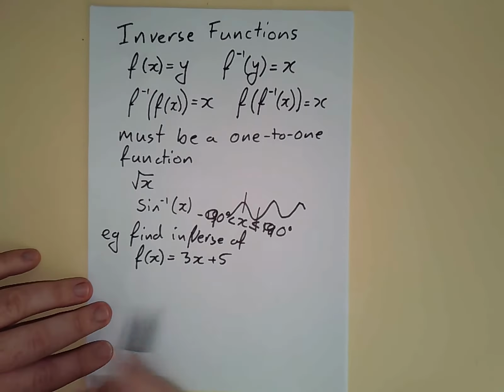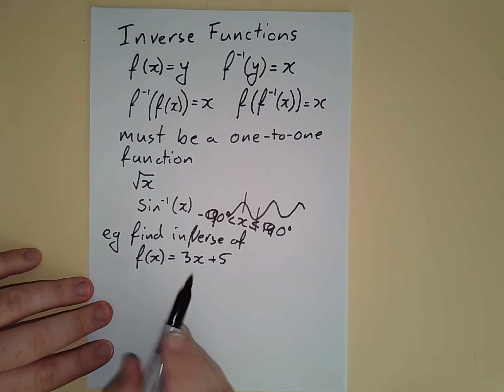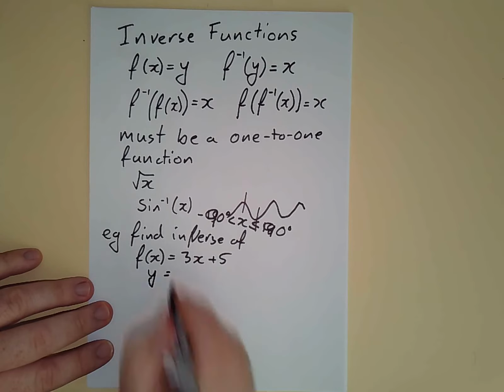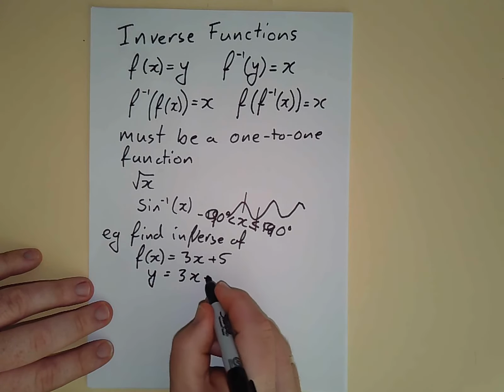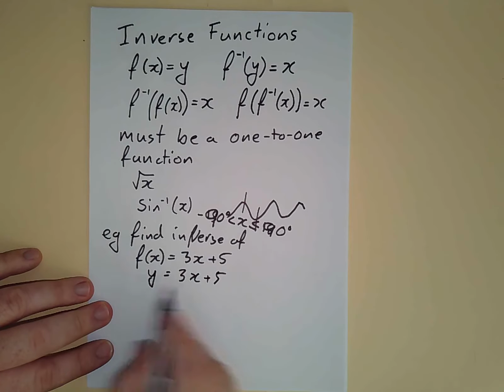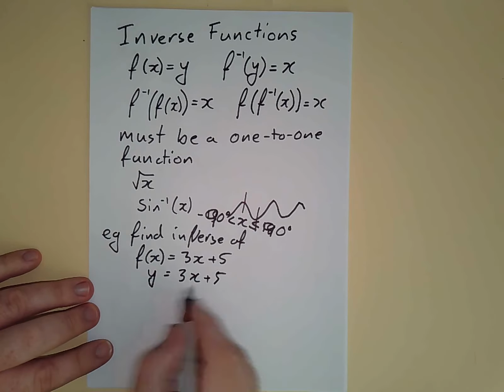What we do is we just swap our y and x. So I'm going to write this as y equals, just to make it easier for the writing. And then I'm going to swap them. So my inverse, I'm going to swap these around.